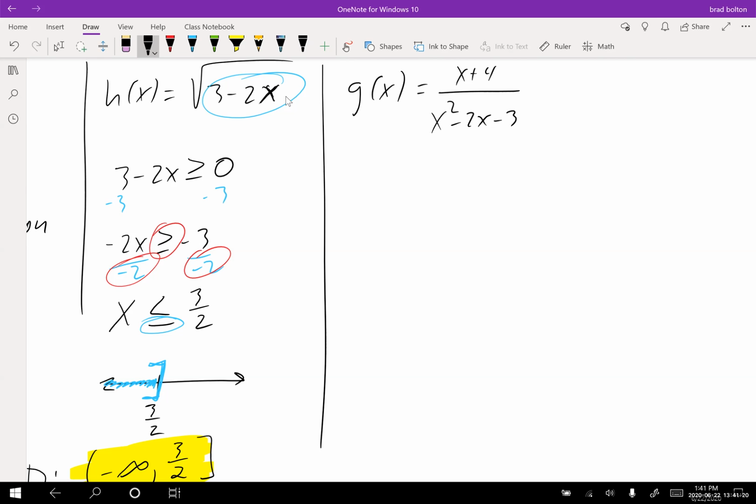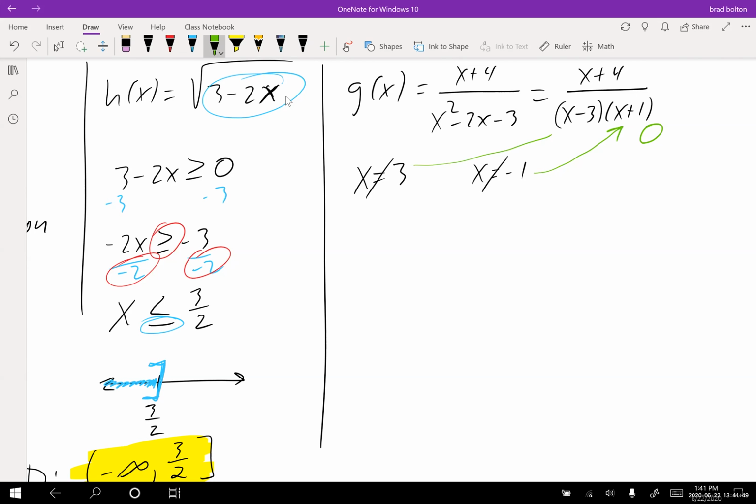So I'm going to factor this, and this is going to be x minus 3 times x plus 1. That means that I have to worry about when x equals 3 and x equals negative 1. So x cannot equal 3 or negative 1, because if I plug negative 1 into here, I get something divided by 0, which we're not allowed to do. These I cannot use.